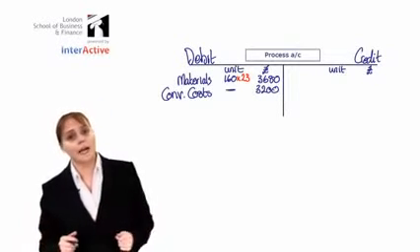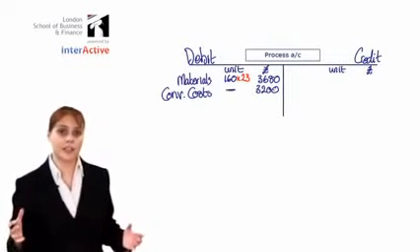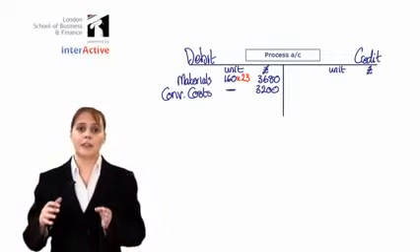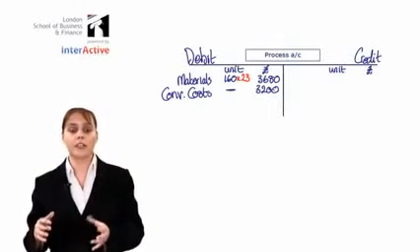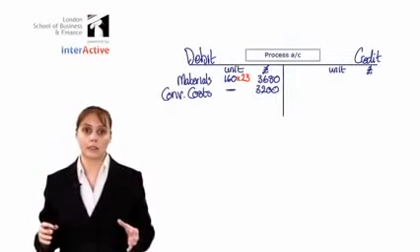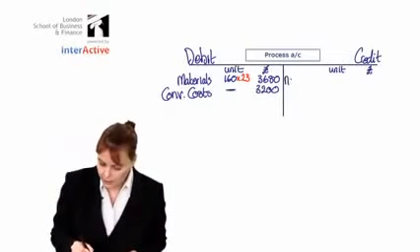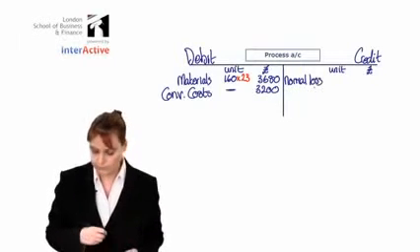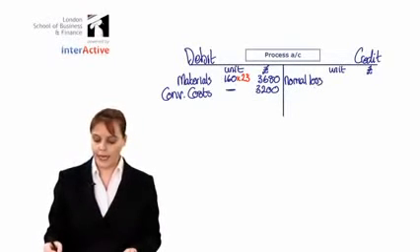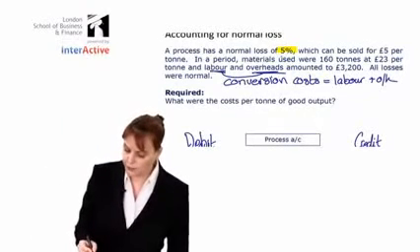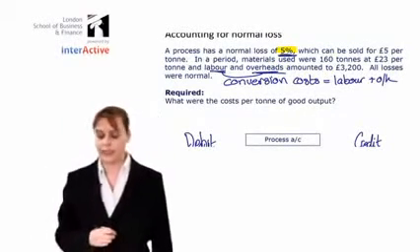It's when we get to our output side that we need to consider our normal loss. So on our credit side, on our output side, the first thing we will always show is our normal loss. So for this company, normal loss will be how many units? Well, we're told normal loss is 5%.